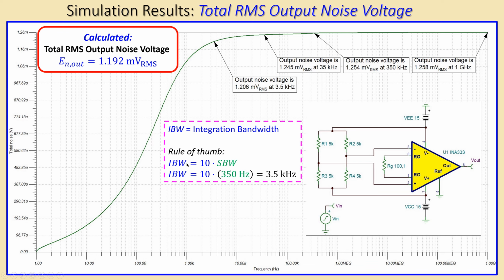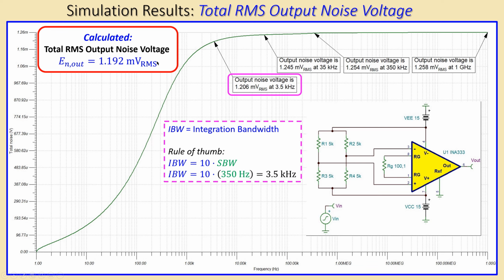And if I go, as a rule of thumb, which is most of the time used by engineers, 1 decade higher in frequency than my cutoff frequency or my signal bandwidth, which is then 3.5 kilohertz, and look at what my output noise voltage is at that frequency, that's actually shown here, then it will give me 1.206 millivolts RMS at 3.5 kilohertz.